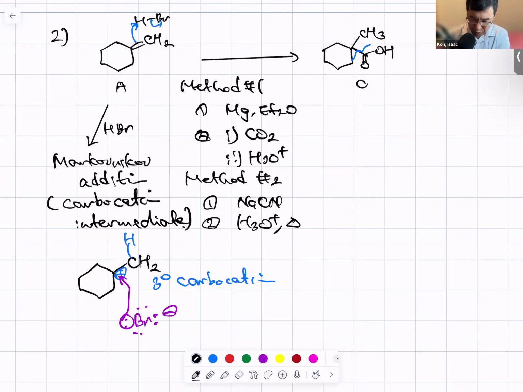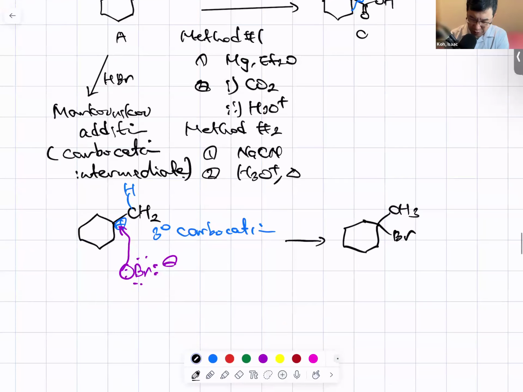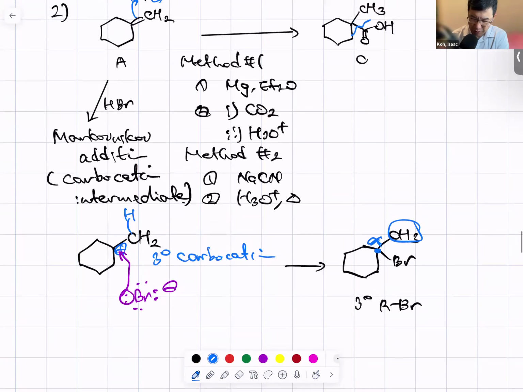It will make the more substituted alkyl halide. So this is a tertiary alkyl bromide. Why? Because the alpha carbon has 3 alkyl groups: here methyl, here a ring structure, a tertiary alkyl bromide.